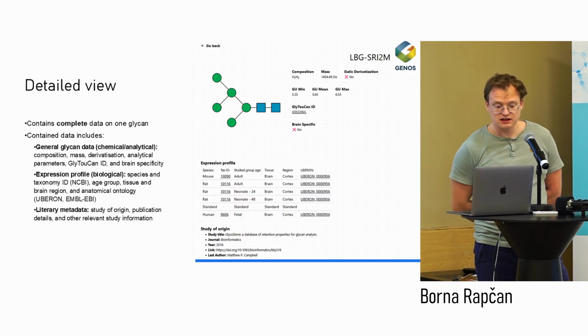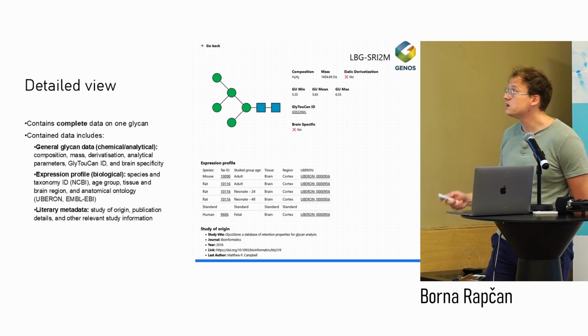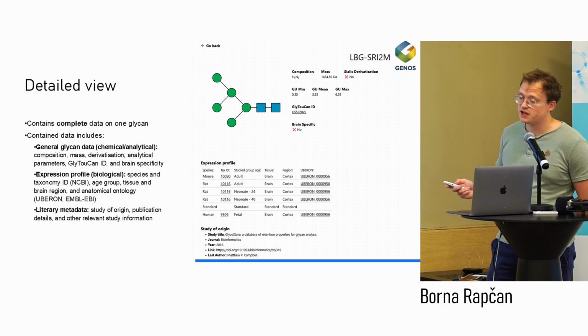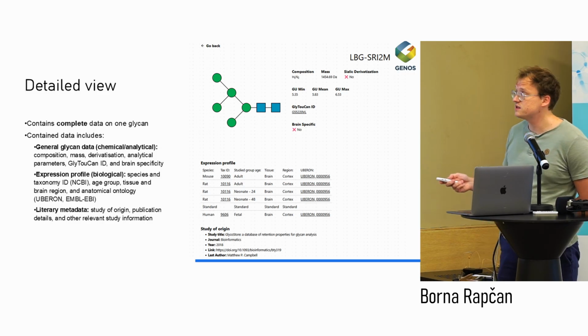And next in line is the detailed view. In the detailed view, we prepared our detailed description of the glycan, and the description is divided in the same sections that I told you about.